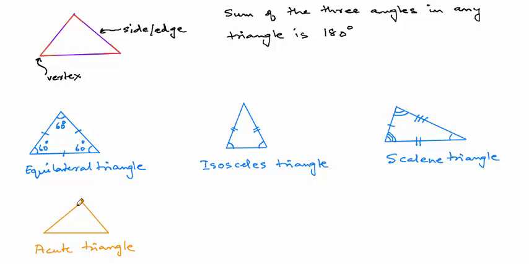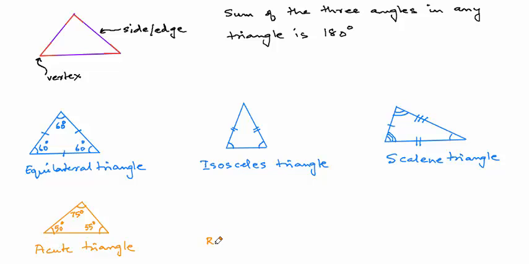For example, if this one is 75 degrees and this one is, let's say, 55 degrees, keep in mind that the three angles have to add up to 180 degrees. 75 plus 55 is 130 degrees. Therefore, this one is 50 degrees. And because all three of them are less than 90 degrees, we could say this triangle is an acute triangle.